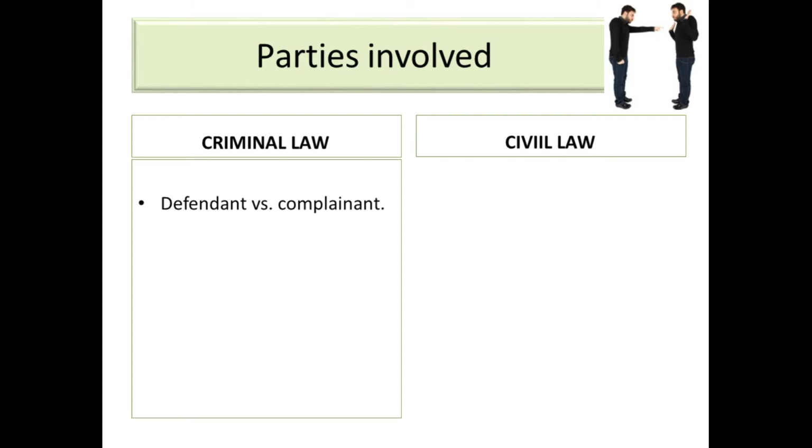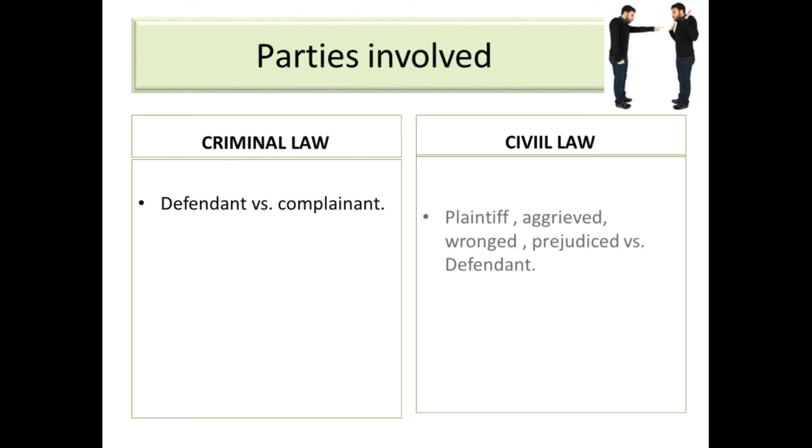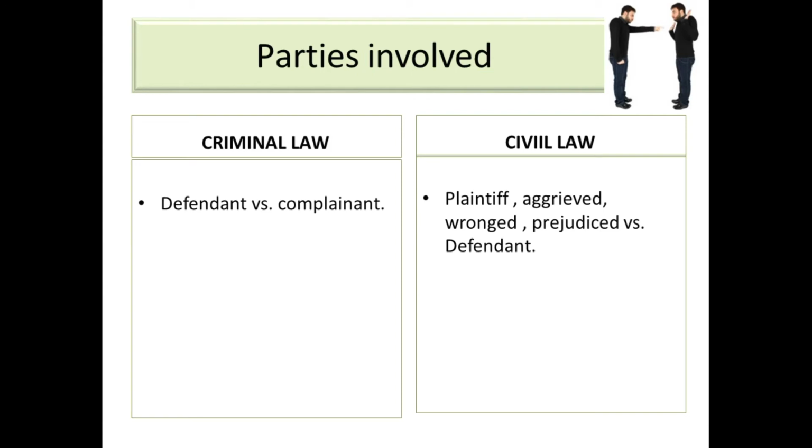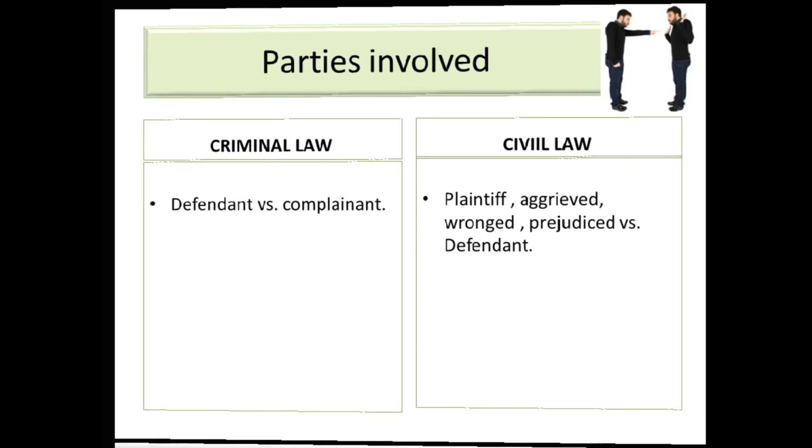The state takes it upon itself to prosecute and to charge the person who would have done a criminal offense, even if the immediate victim is an individual. Then under civil law, we have the plaintiff, aggrieved, wronged, versus the defendant.